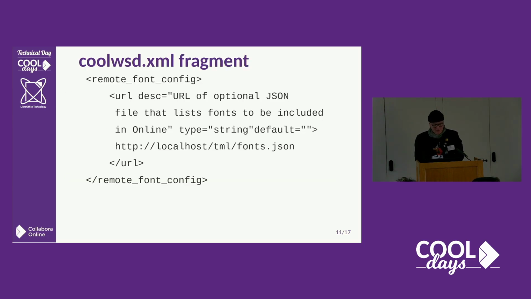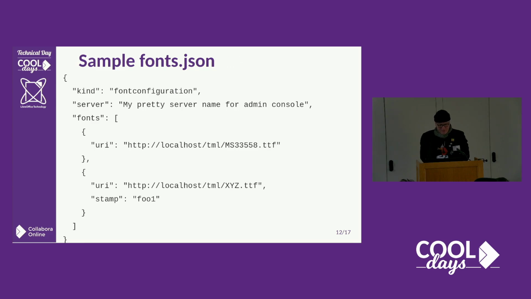And here you see how the coolwsd.xml file has this fragment called remote font config that has the URL for this JSON file. And then again, this JSON file is kind of simple also.